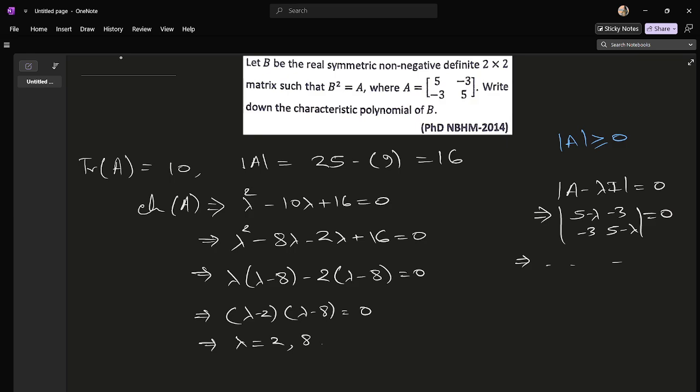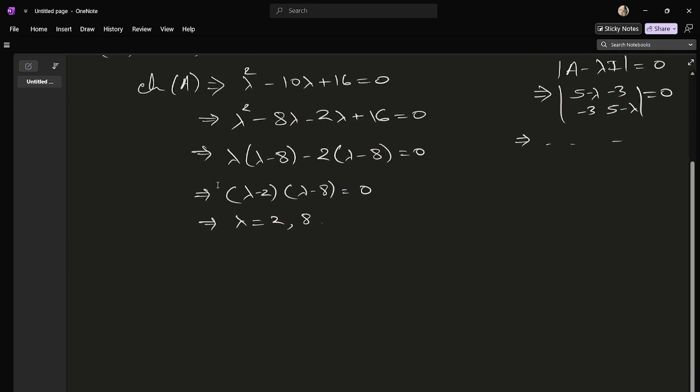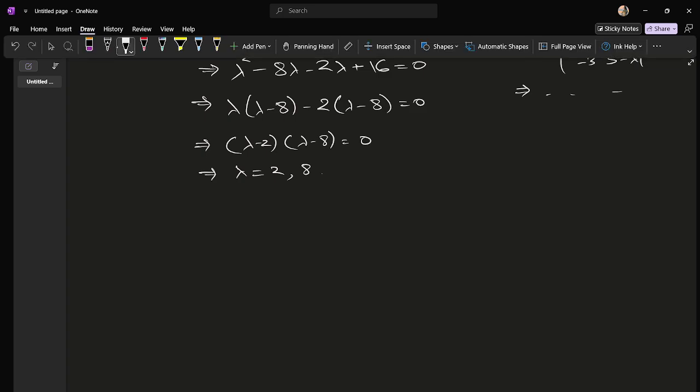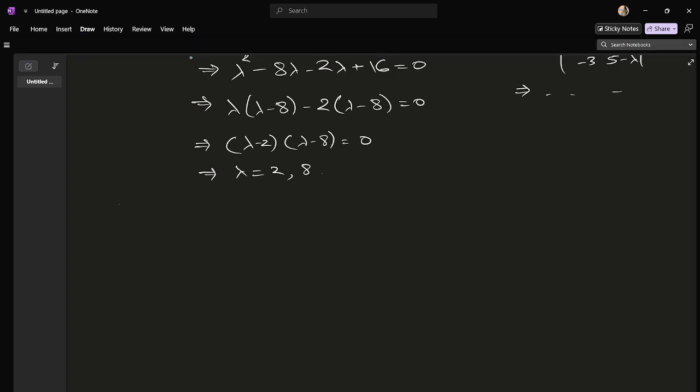Now the eigenvalues of B will be the square root of that. So the eigenvalues of B will be square root of 2 and square root of 8, that is root 2 and 2 root 2.